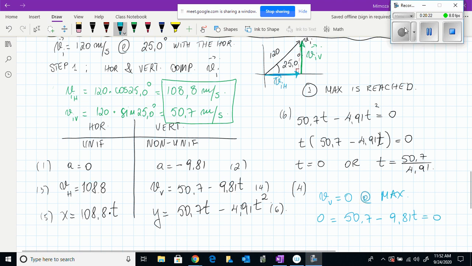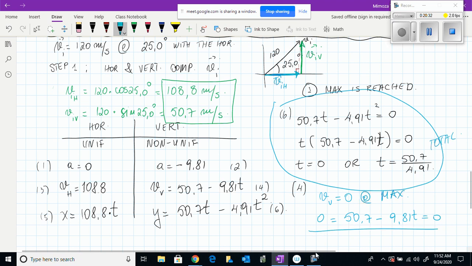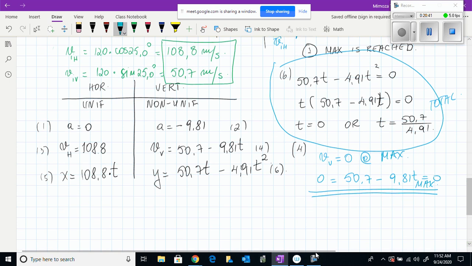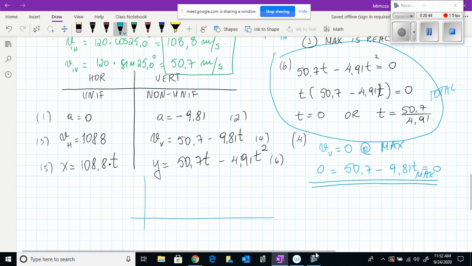When we are using equation 6, we are finding the total time. When we are using equation 4, we are finding the time at the maximum. In the y and x-axis, we are finding the times that the object crossed the x-axis.